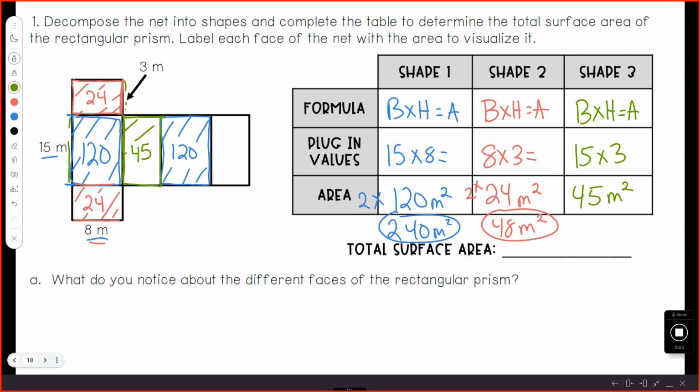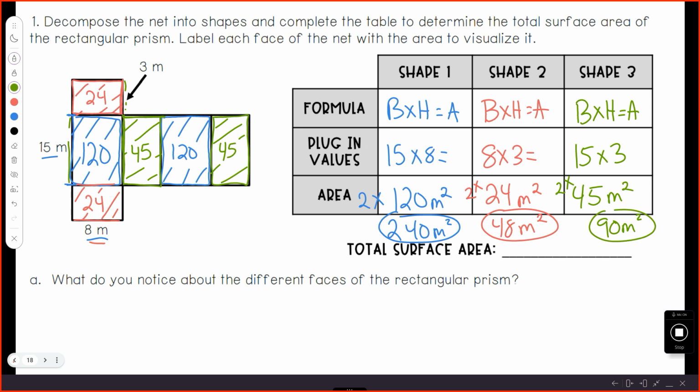And you probably already got this, but we know that this side is the opposite parallel side, so it's going to have the exact same area. And if we double this, because that's what we're doing, right? I said there's two of them. Then we've got 90 meters squared combined on those two shapes.